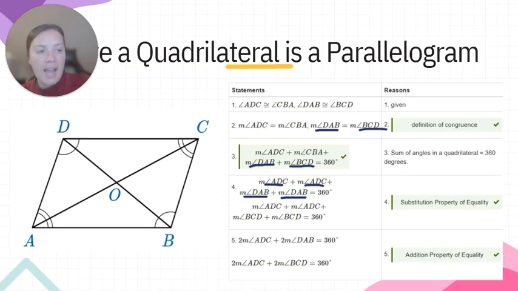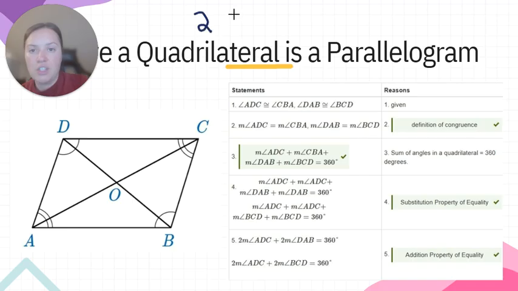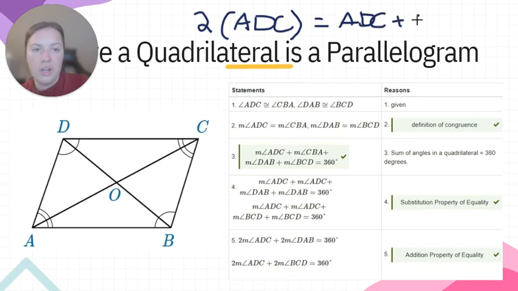Now, in math, when we're adding two things together, in this case ADC and ADC together, it's the same thing as having 2 times the angle ADC. I should have the measure in front of this. I'm writing quickly, but the measure of angle ADC added twice is the same thing as 2 times that value.